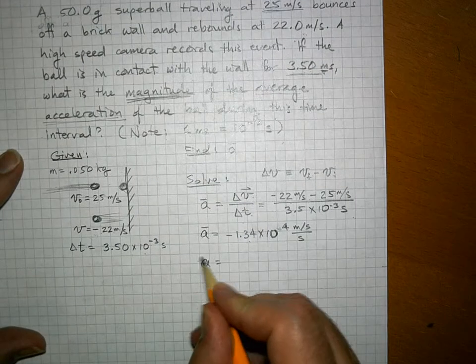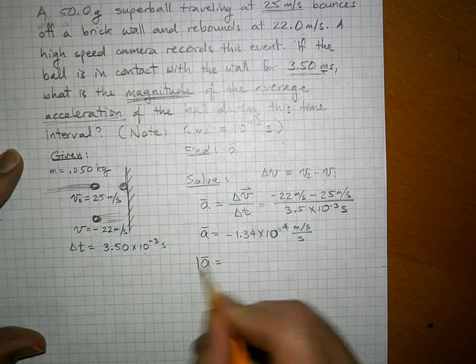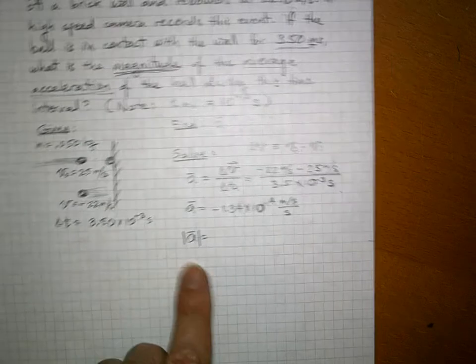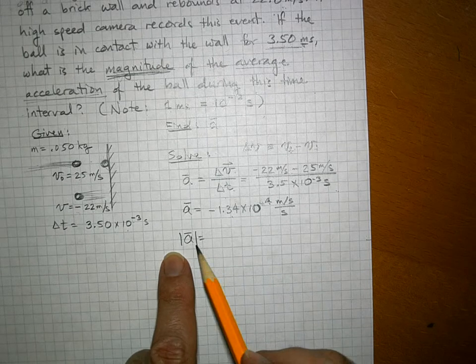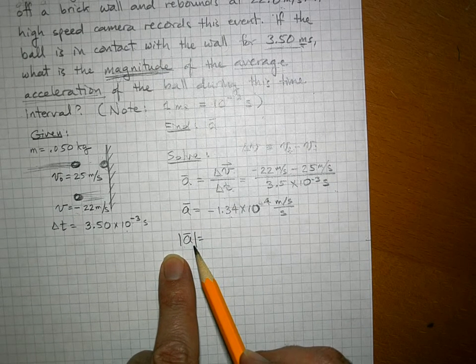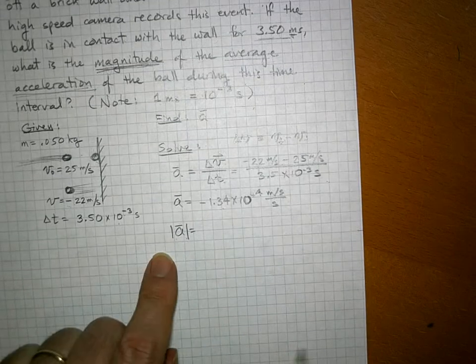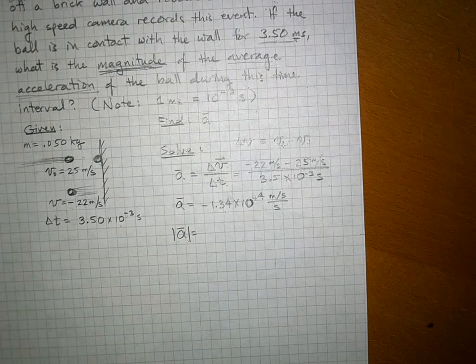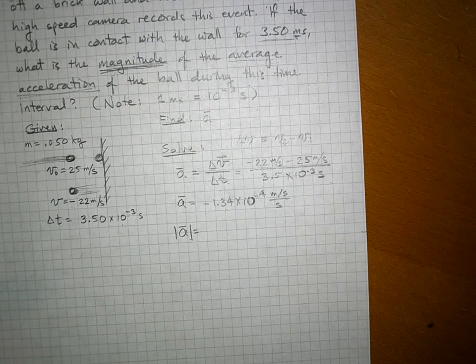So I'm going to write magnitude by putting little absolute value bars around the variable for the average acceleration. That just means I'm talking about how much it was, and I don't really care about direction. We're going to talk about vectors in Chapter 3. Vectors are quantities that have magnitude and direction. Obviously, this has a direction to the left, but we'll talk about that later.